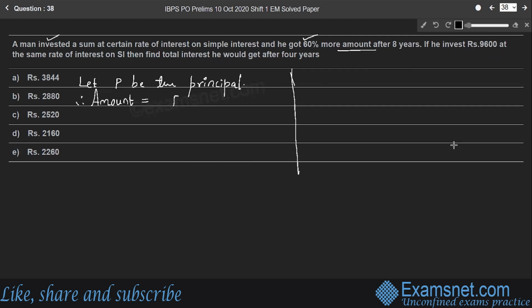That is P plus 60% of P. Taking P as common, 1 plus 60 by 100, which is 160 P by 100. 160 P by 100 is the amount. After 8 years, he got this amount. Therefore, time period T is equal to 8 years.